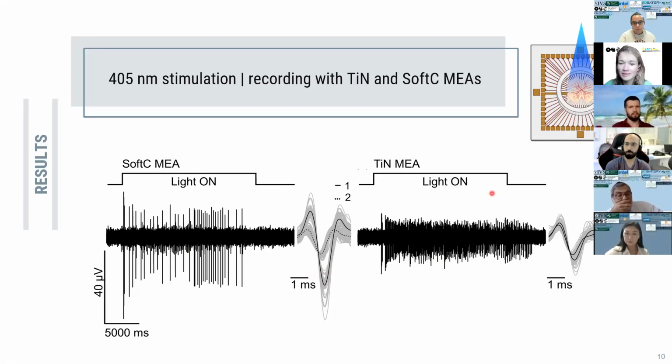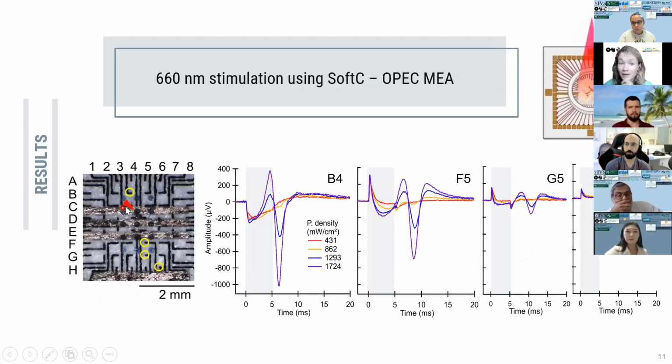But we see that it's working, and we moved on to the next step. We deposited pigments on our multi-electrode array. Here you can see our soft MEA, the gold stripes and pigments in the middle, the circles. Then we placed the retina again and this time shined red light, 660 nanometers, and recorded the retinal response.